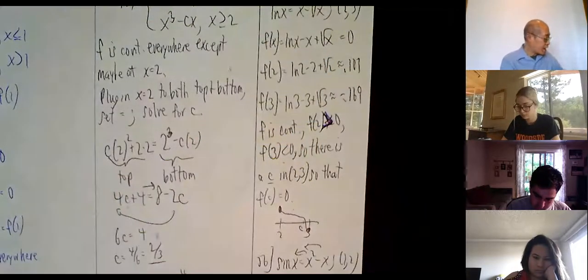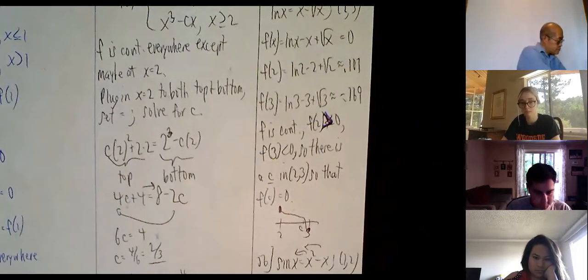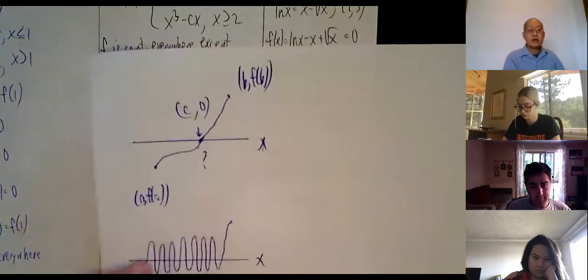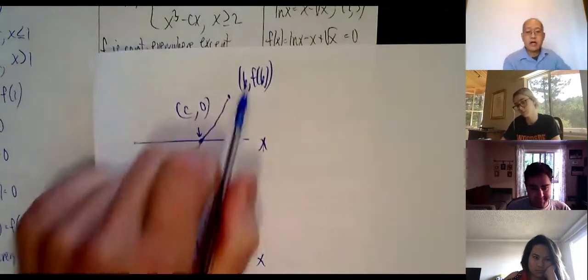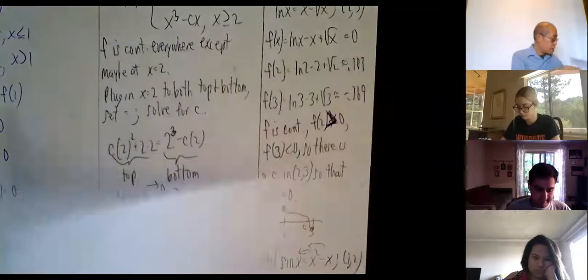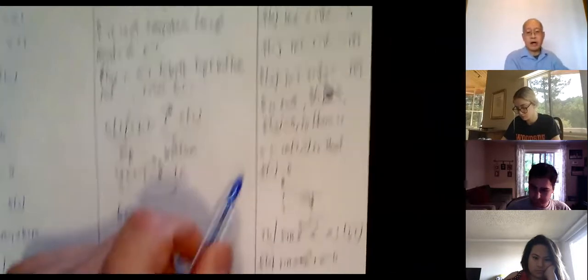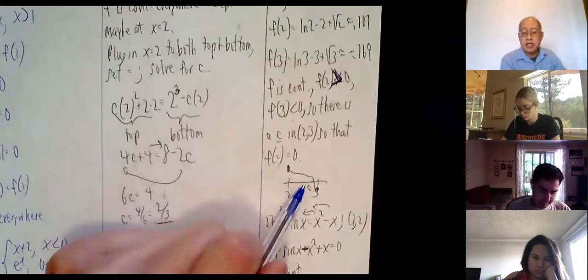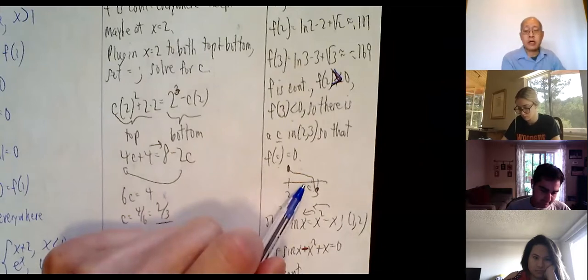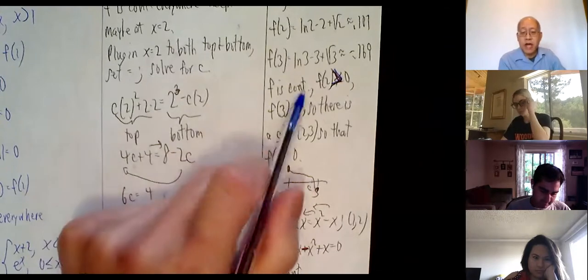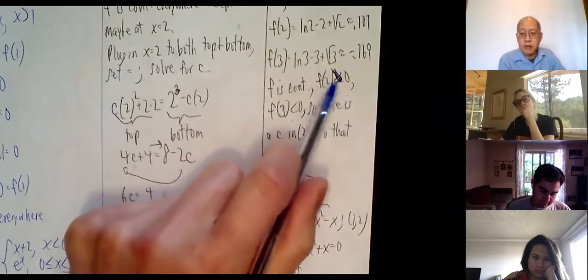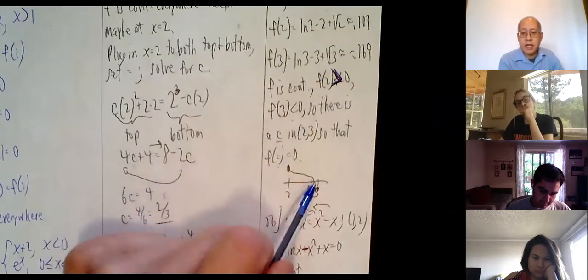So this is the exact opposite of the picture I just showed you. This one, this side was negative, this side was positive, but in the one that I've got here, it's the other way around. This side is positive, this side is negative. That's okay. As long as one is positive and one is negative. f of 2 is greater than 0. That's a greater than sign. I messed up. f of 3 is less than 0.